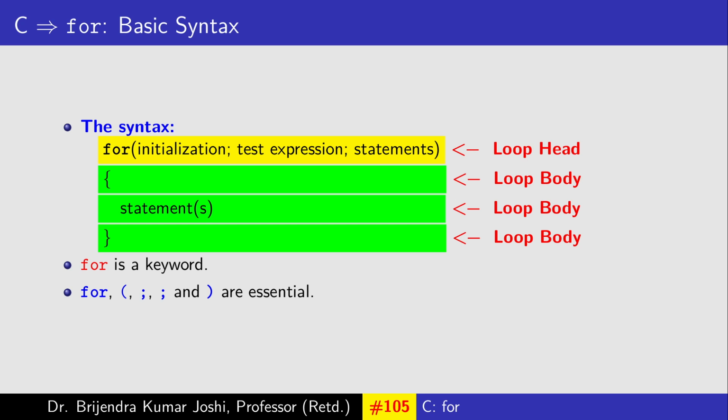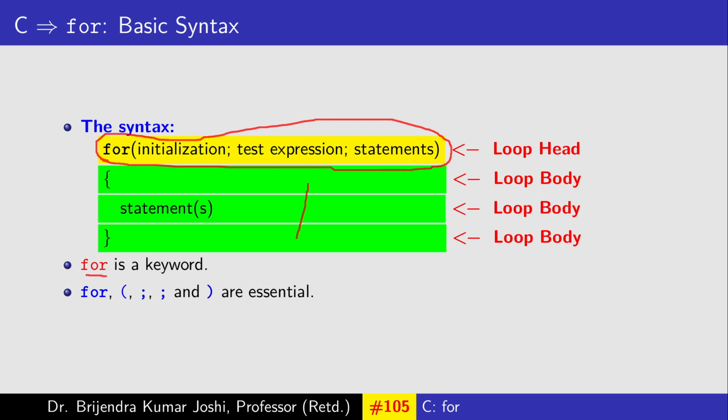This one is known as the loop head: for, and within the parentheses initialization, then semicolon, test expression, semicolon, statement. Whatever you write within the pair of braces is referred to as the loop body.